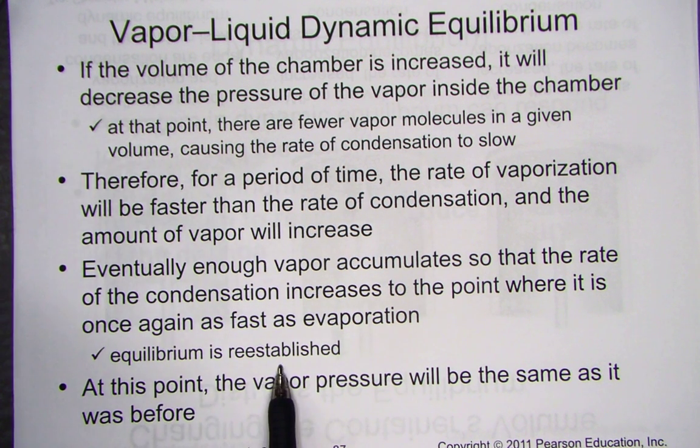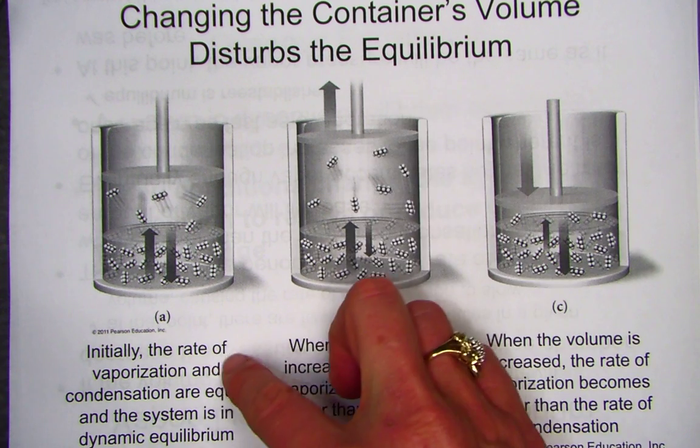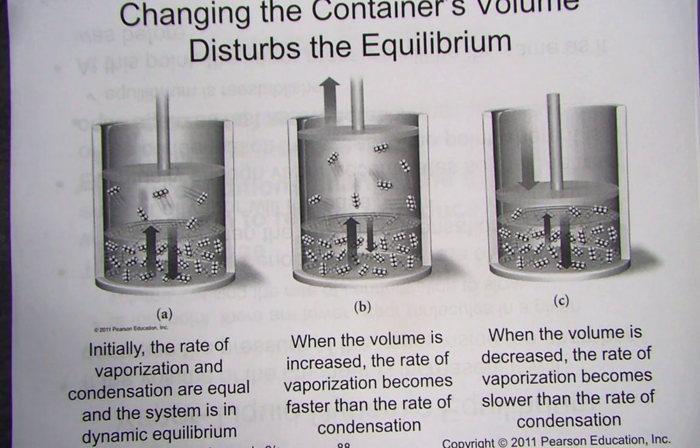So if I change the volume, it needs time to reestablish the equilibrium, but over time, it indeed will come back to where it was before. So changing the container's volume disturbs the equilibrium, but over time it can achieve the dynamic equilibrium again.